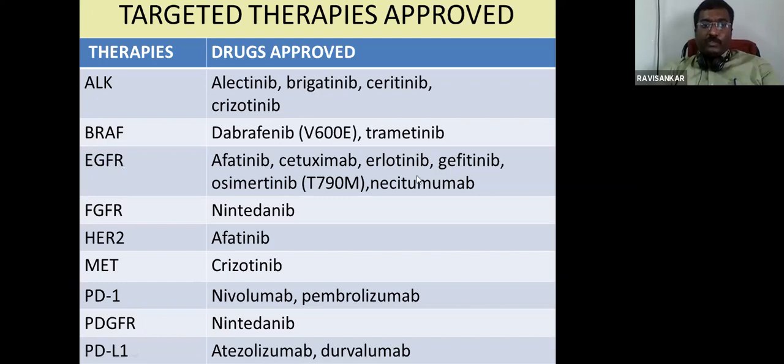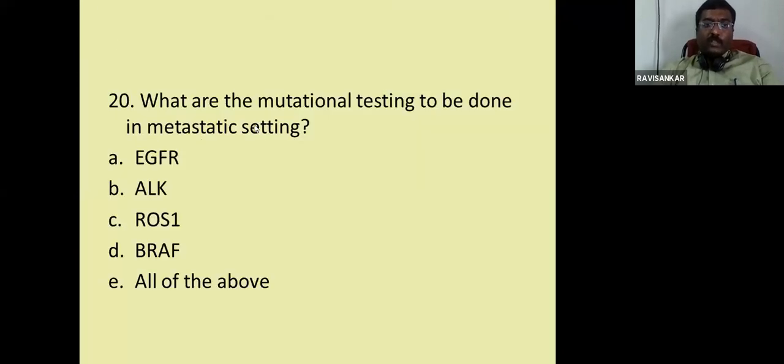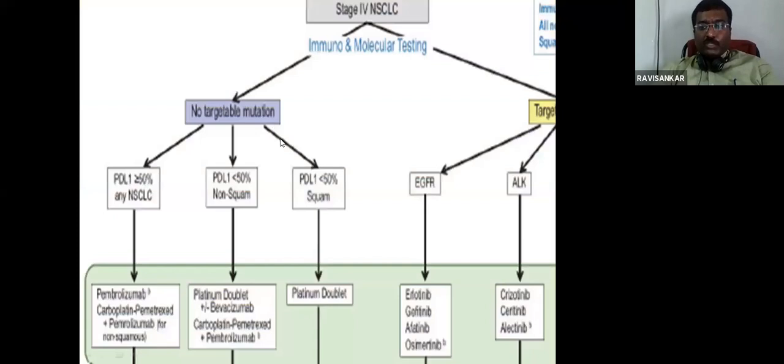EGFR, you can use gefitinib, commonly used, erlotinib, cetuximab. When there are no targetable mutations available, you can go for immune checkpoint inhibitors like PDL1 therapy.